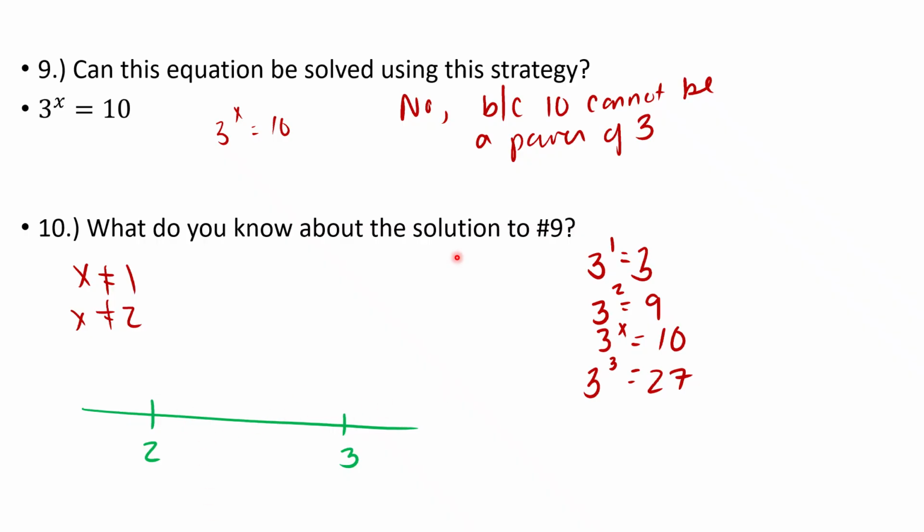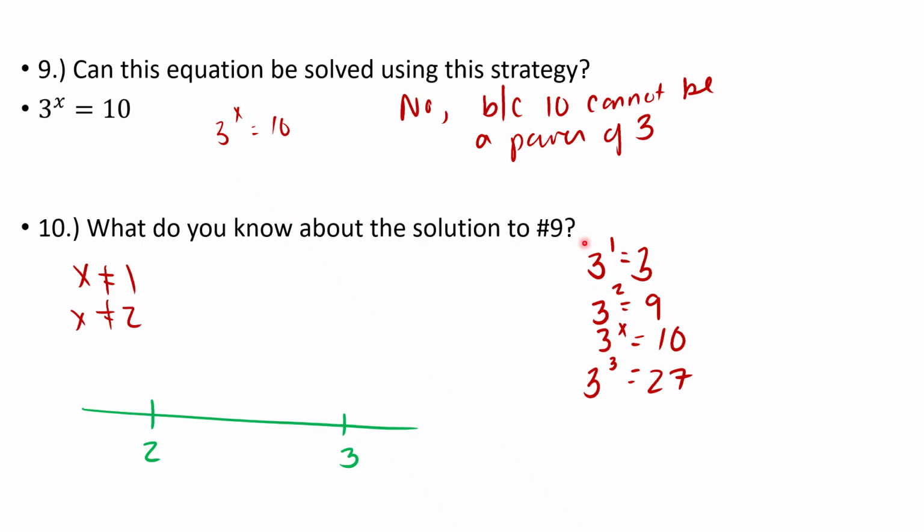And then what I will often do, as a bit of a leading question, and sometimes students will get here without me leading with a question, is I'll ask, well, which is it closer to? Is x closer to 2 or closer to 3? And I don't know if I've ever had a class get this wrong. They will say it is closer to 2.